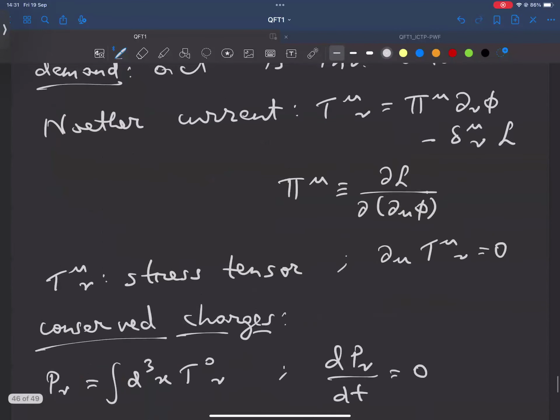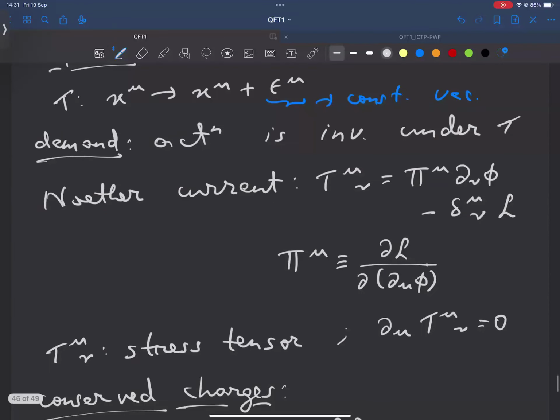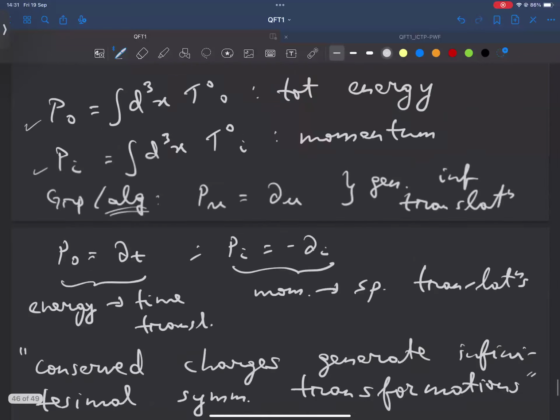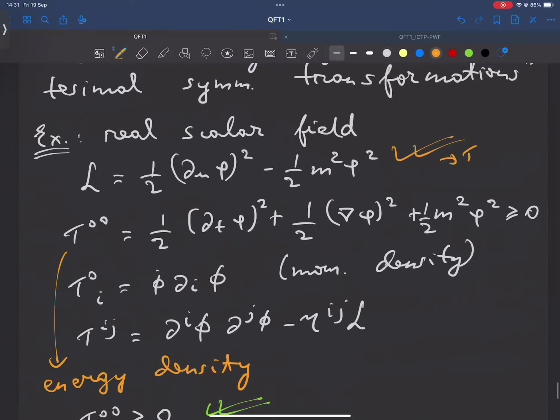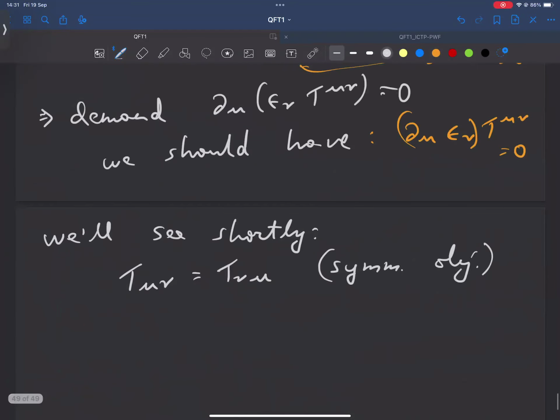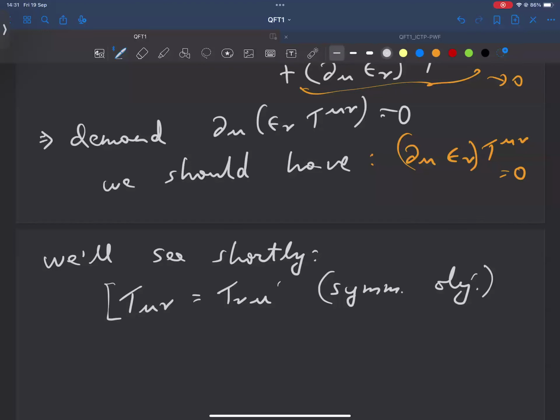When we write it this way, like for the scalar field case, you can actually show that the T mu nu that you get here is symmetric. I will comment more about the symmetric case in 2 minutes. But for now, let's say that this is an additional property that a stress tensor satisfies. If that's the case, because this thing is symmetric, you should have symmetrization of the lower indices in this derivative also.